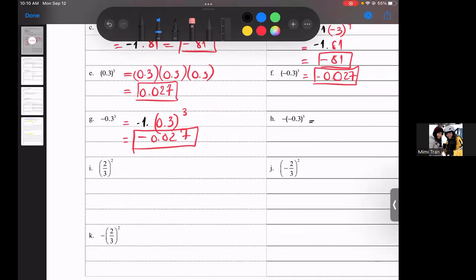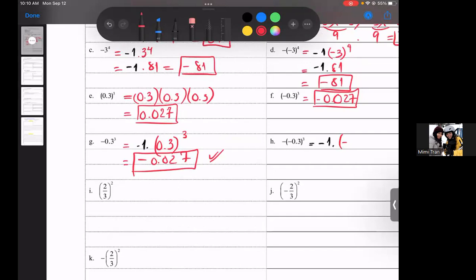For F it is negative, because you do negative 0.3 times negative 0.3 times negative 0.3. No, for G. This is G. Oh, F is negative.